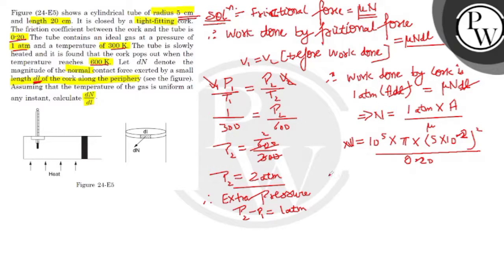So N is equal to 10 power 5 into pi into 25 into 10 power minus 4 divided by 2 into 10.